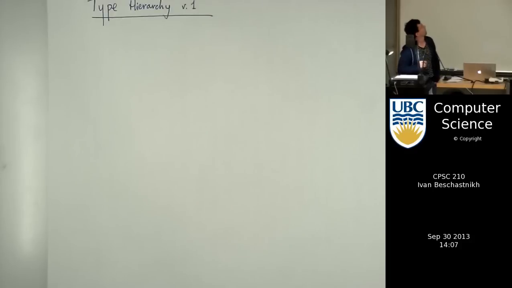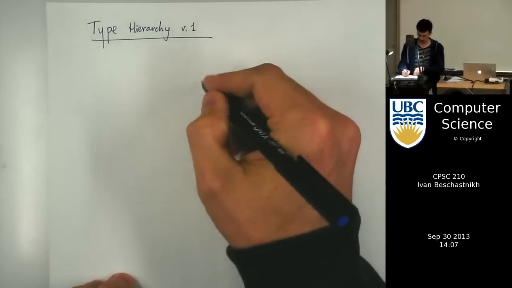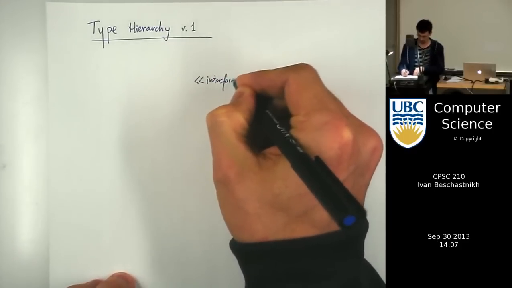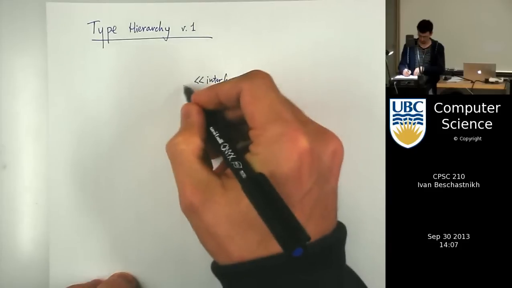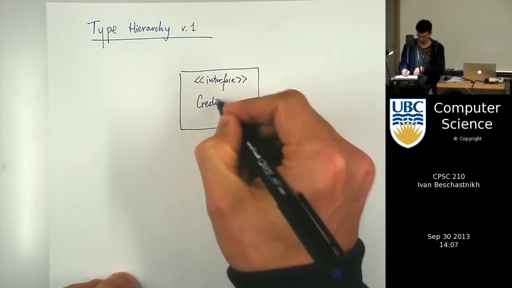So this is type hierarchy version 1. And so like last time we have an interface at the top. And the interface is the credit card.